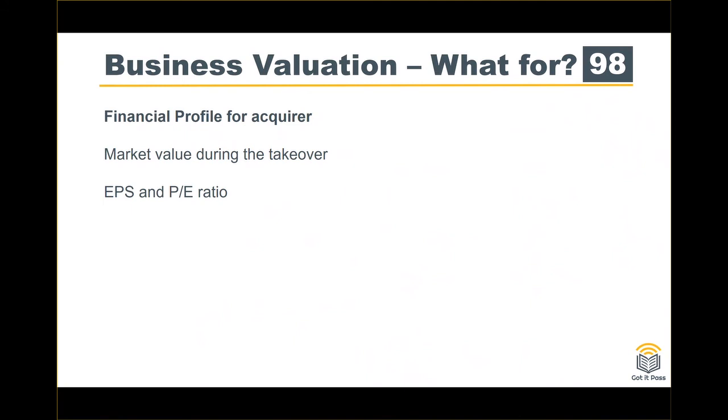And next, we move to the earning per share and PE ratio. For the EPS, earning per share, after the acquisition it will go up or go down. It depends on any new shares to be issued, right?